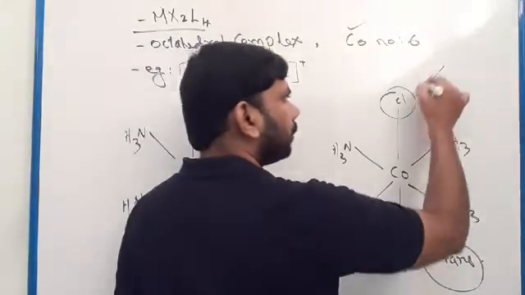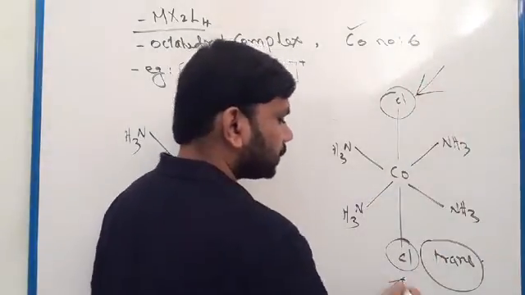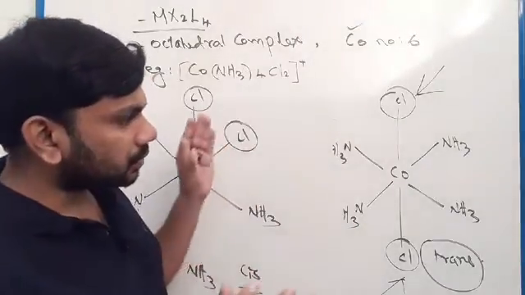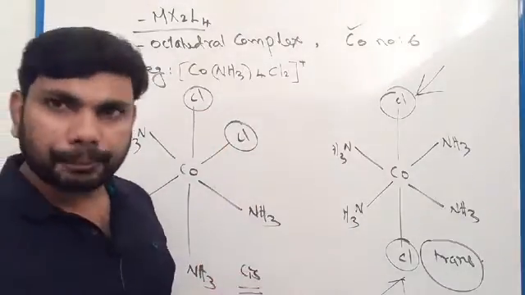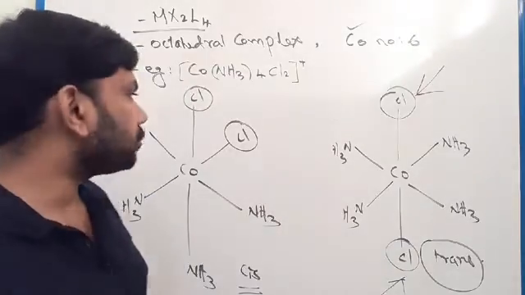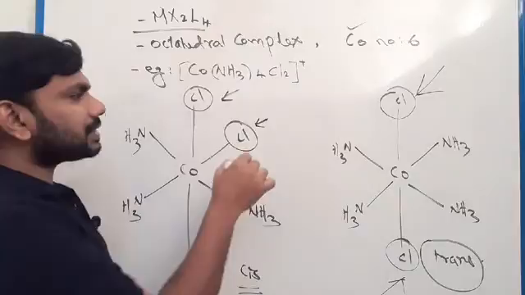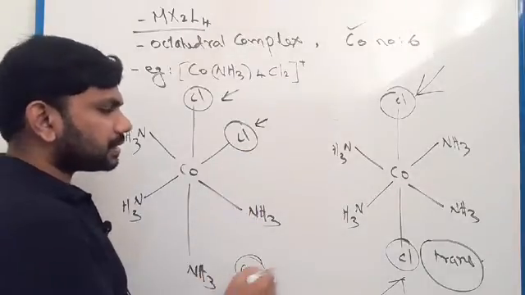We are focusing on this position. So these same atoms are coming on opposite sides, so it will be trans. And look here, same atoms are on adjacent sides, so it will be cis.